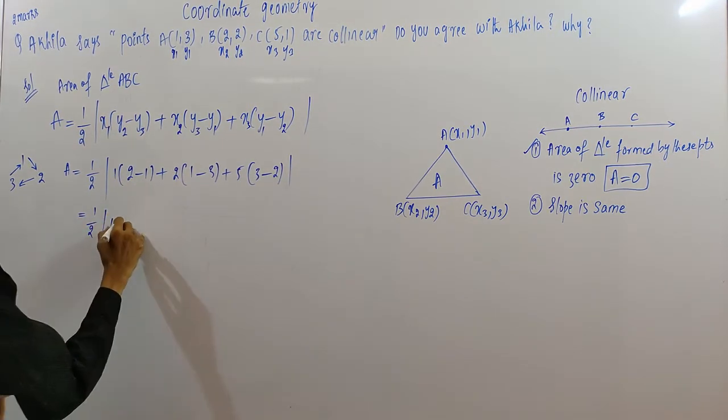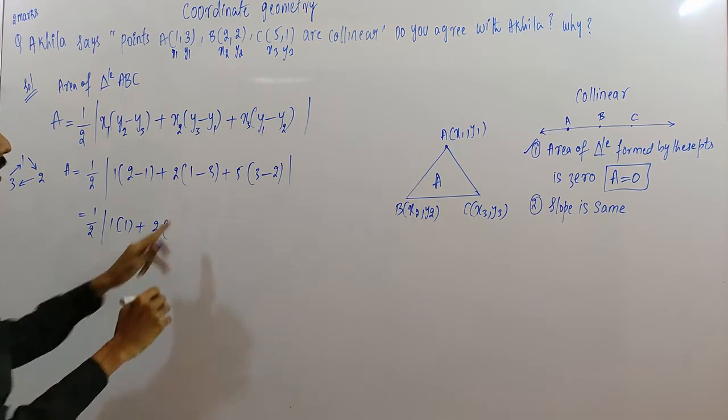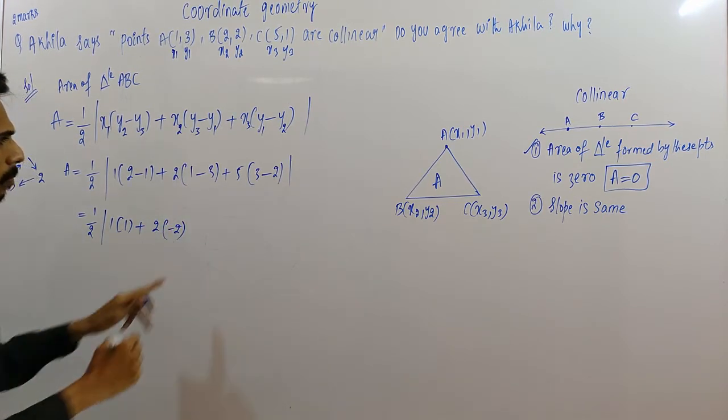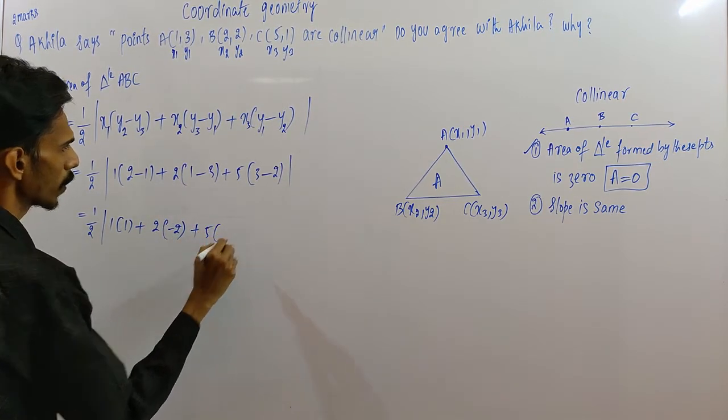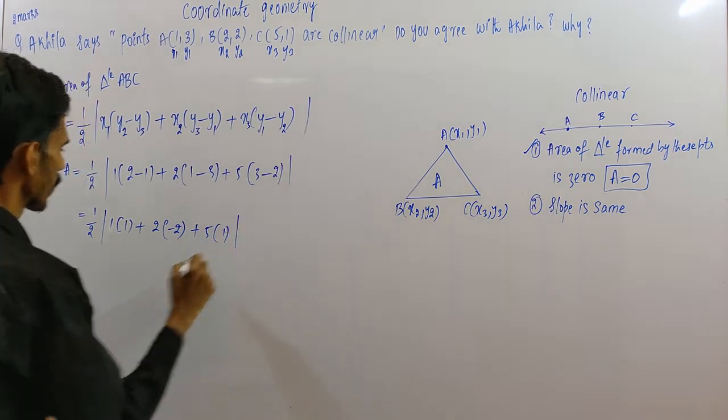Now 1 into 2 minus 1 we have 1, plus 2 into 1 minus 3 we have minus 2, plus 5 into 3 minus 2 we have 1.